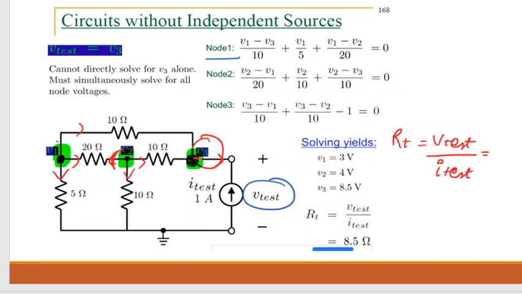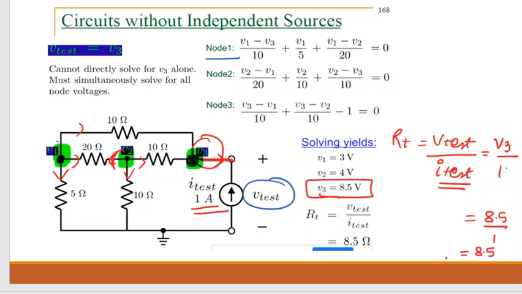Test is I test, 1 ampere, 5 divided by 5, RT.